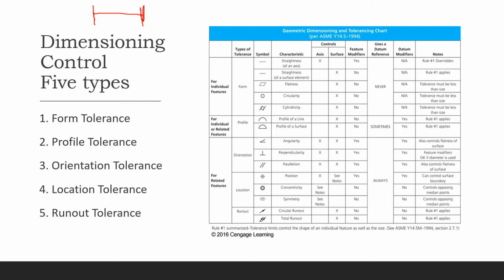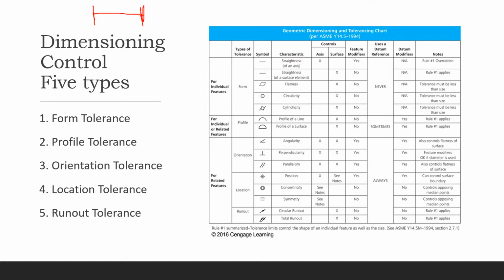If you go over the tolerance limit, then your measurement is not going to be perfect. That's the reason your measurement has to be within the tolerance zone.